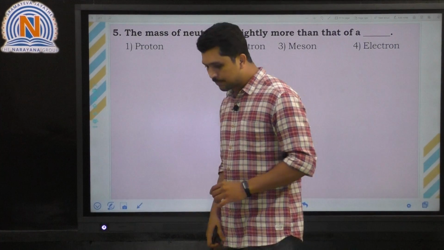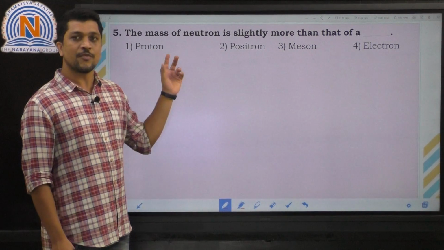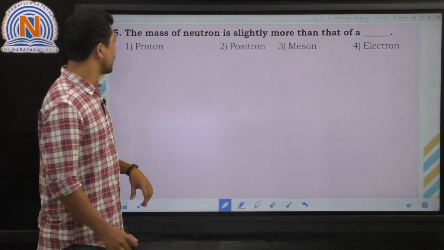So for example, the mass of neutron is slightly more than proton.